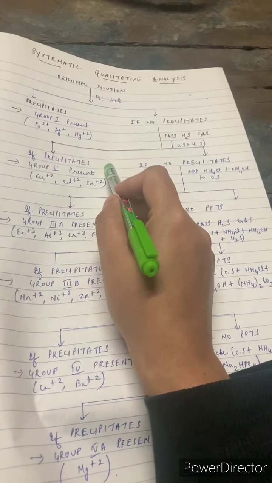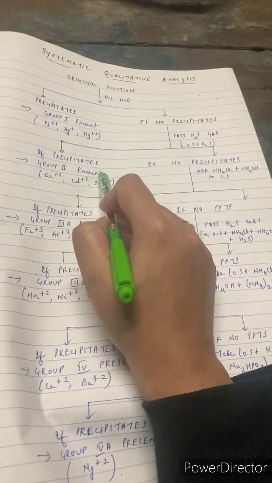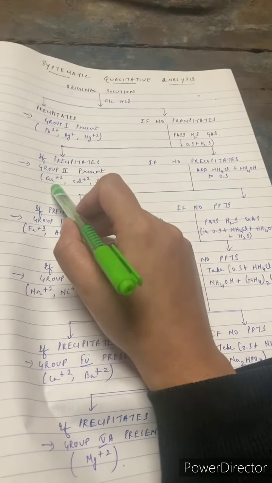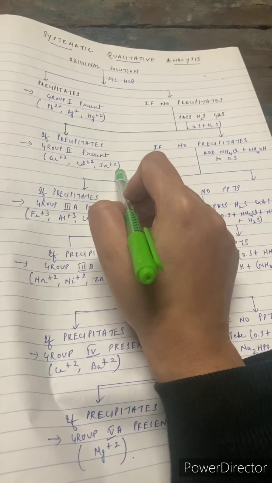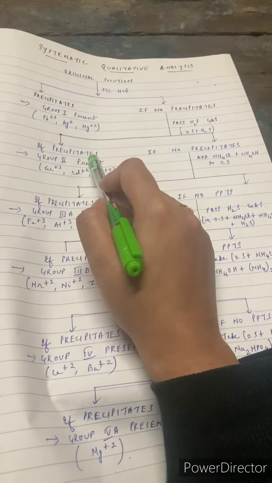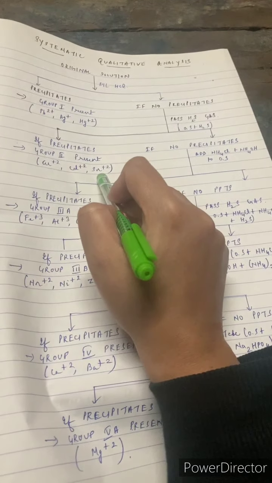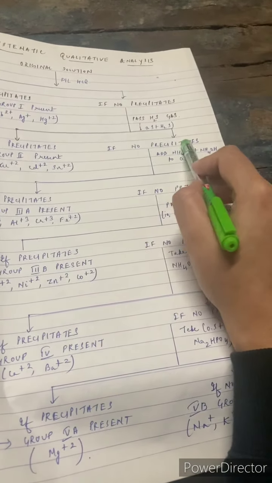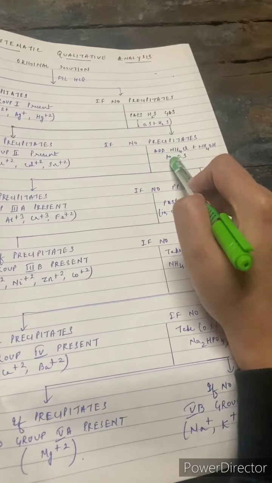If precipitates come, I'll say that group 2 is present. Now in group 2, we again have 3 metal cations: copper, cadmium and tin. If no precipitates are there, none of these ions are present. So I'll move to my next step.